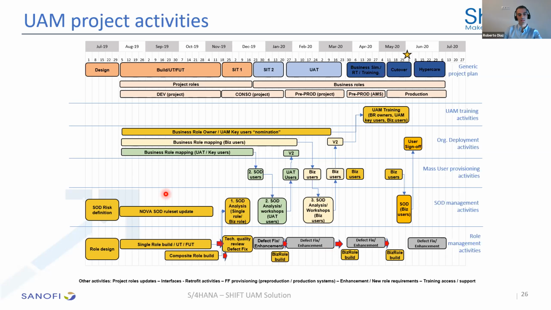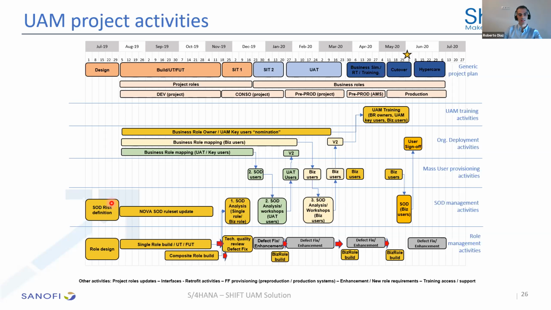With S/4HANA and Fiori, it's very important that we update our SOD rule set with the new Fiori apps, right? And then in the different project phases, we need to make sure that our business roles are free of conflicts, and also that the users we plan to provision in all of the deployments are free of conflicts, or we minimize the number of risks, right?